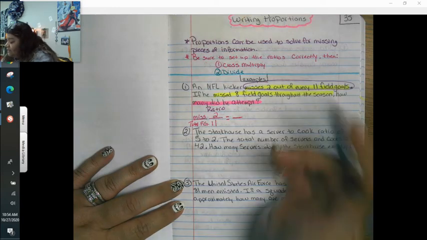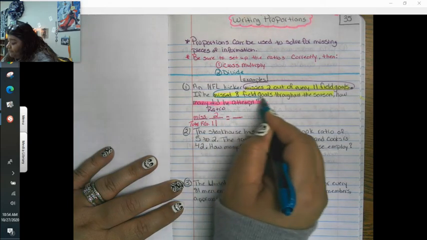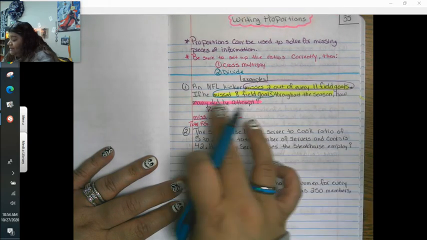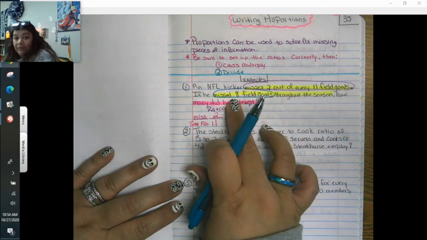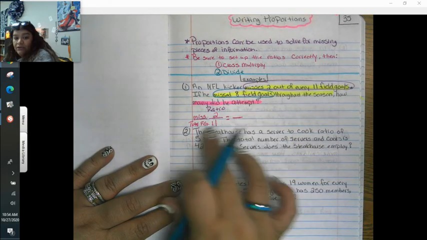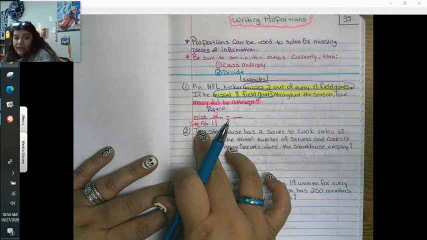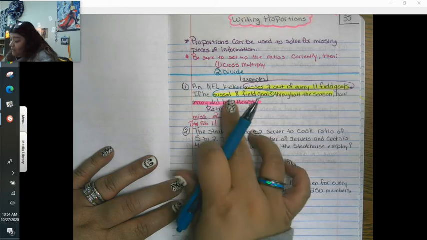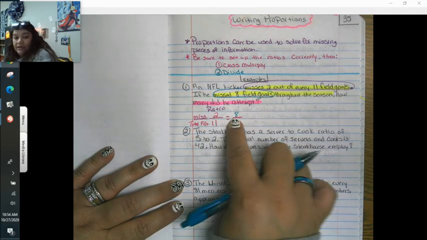Okay, so let's take a look at the number they gave you right here. It says if he missed 8 field goals. So right here it tells you what that 8 belongs to. The 8 belongs to the field goals that he missed, not the total field goals he attempted. It's how many he missed. So he missed 8, so these two belong together.